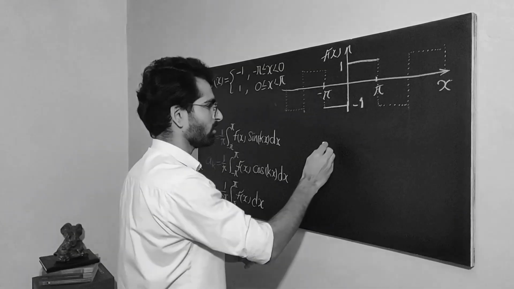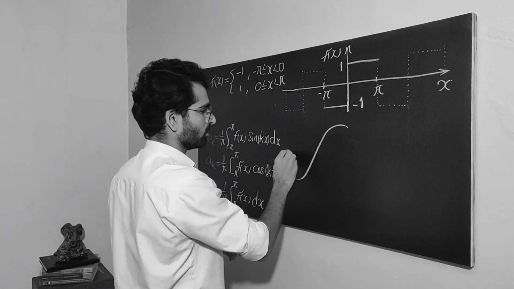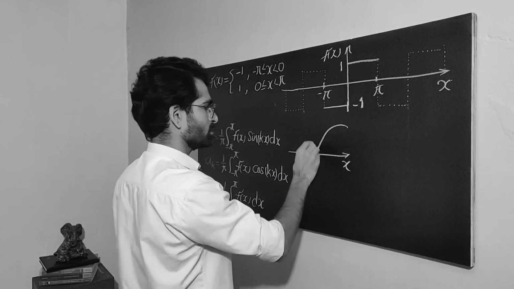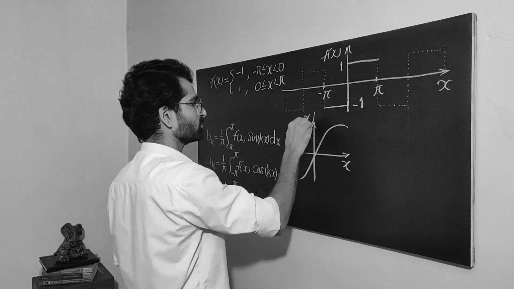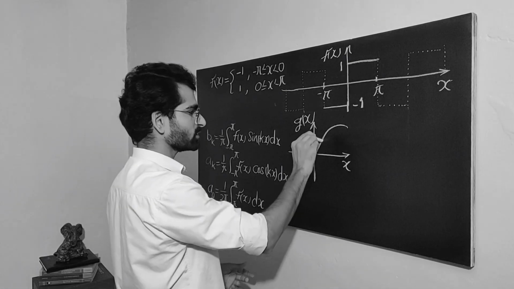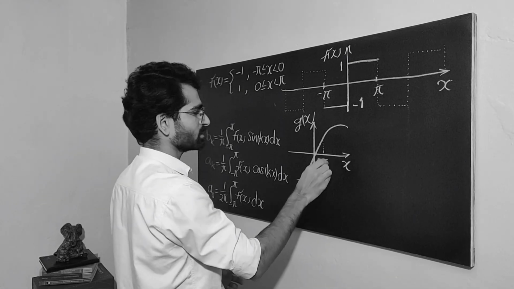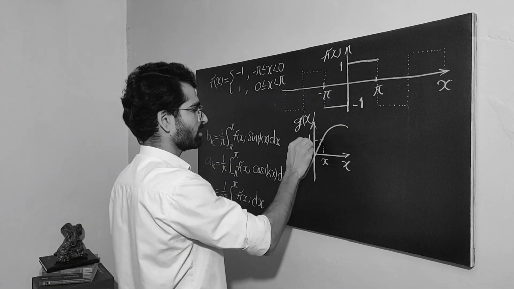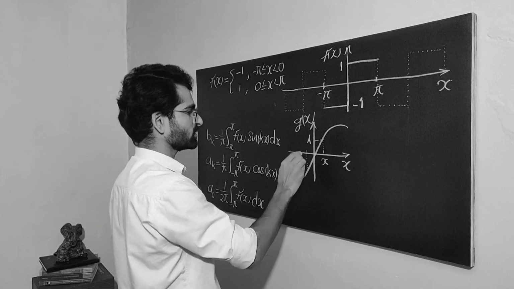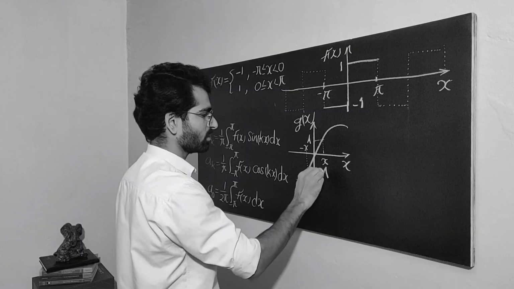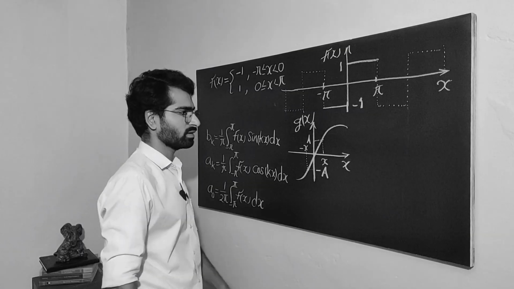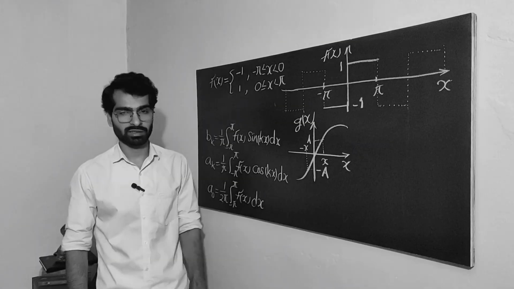If I have a function, let me call it z of x, and the function's value at x is a, and the function's value at minus x is minus a, we call it an odd function.